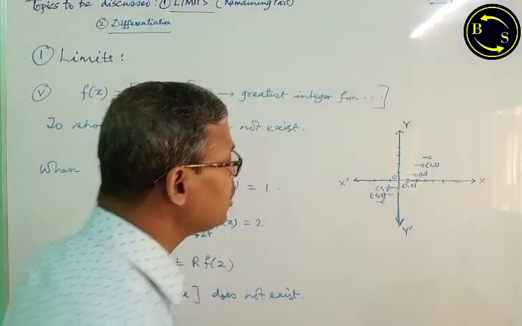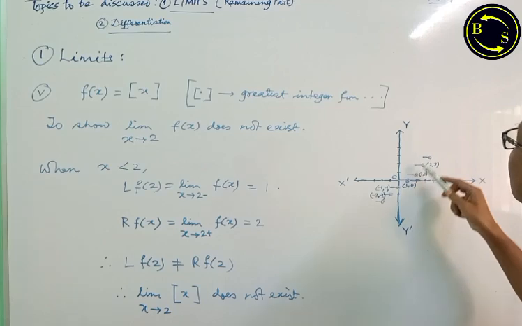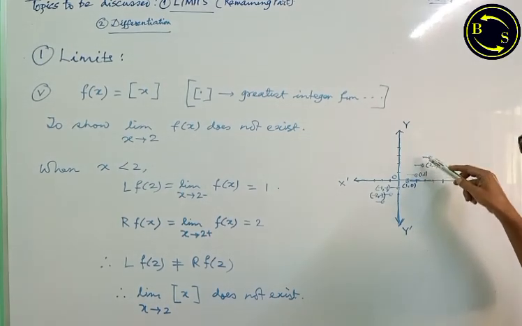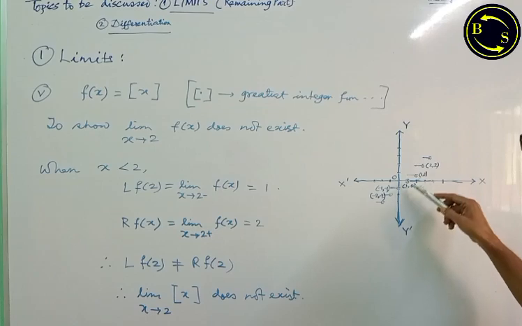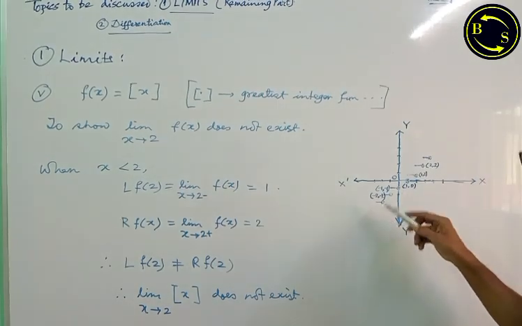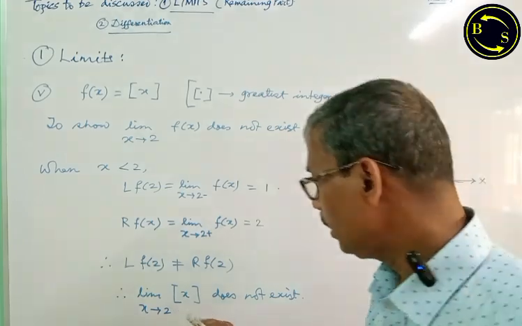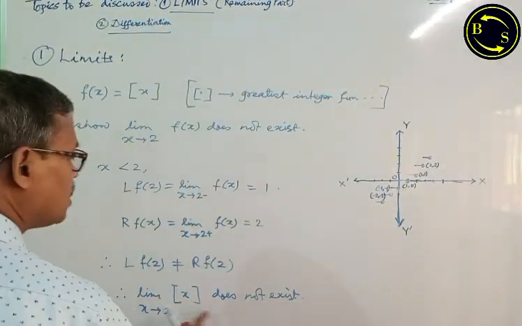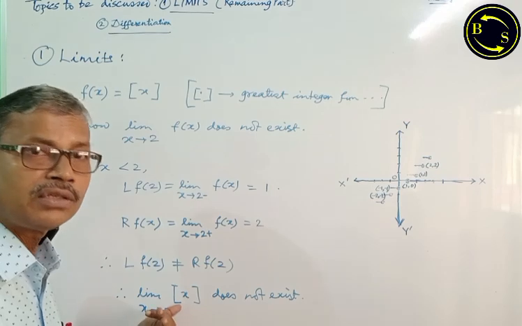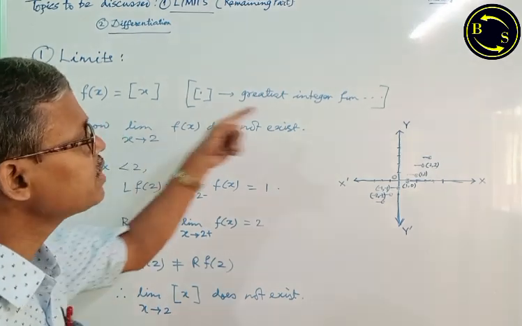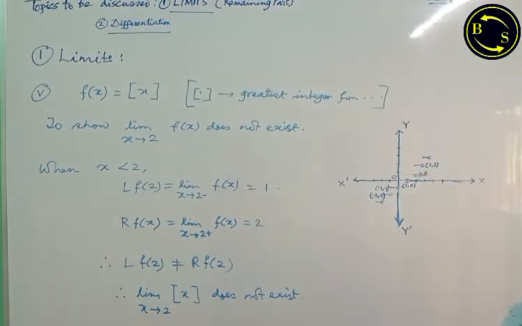And from this graph it is clear, you see there are gaps or jumps between these two segments separately. Therefore, from the graph it is clear, limit x tends to 2 of box x does not exist, also called box function, step function, and greatest integer function. Therefore, the problem is solved.